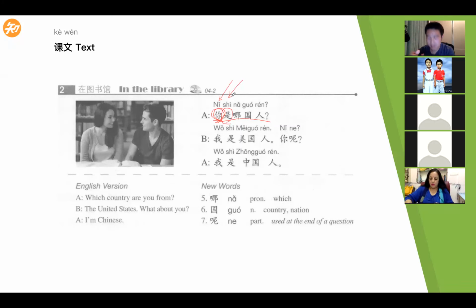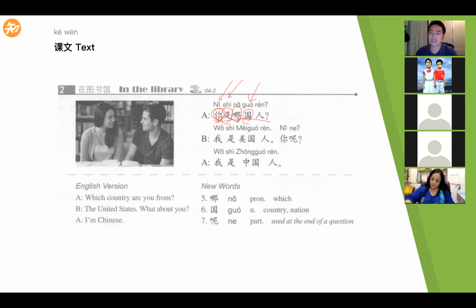A lot of things. So here means are. 哪 means which. There are many different meanings for 哪, actually we're going to learn later also. So here you can say which because we have the 国 here. 国 means country. So 哪国 together can be which country.